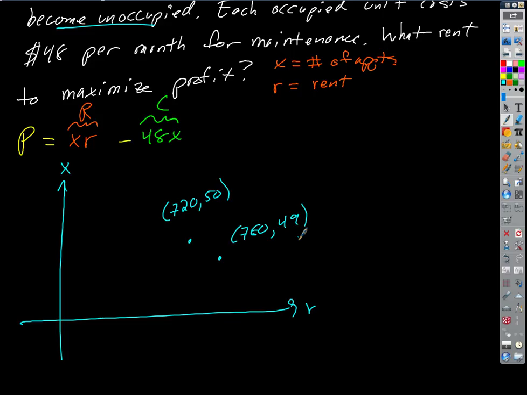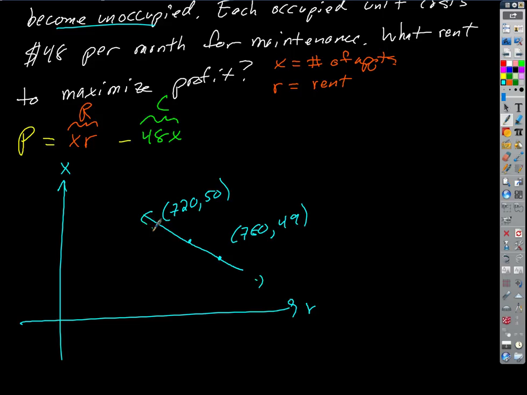What's the slope? Negative over X. So negative 1/40th, yeah, right? Everybody agree? Because we're gonna drop one apartment, negative 1, for a run of $40. So this is just a line.